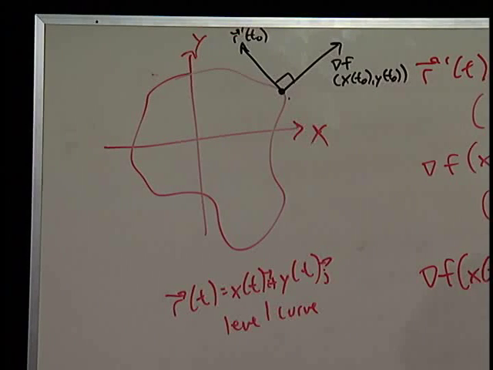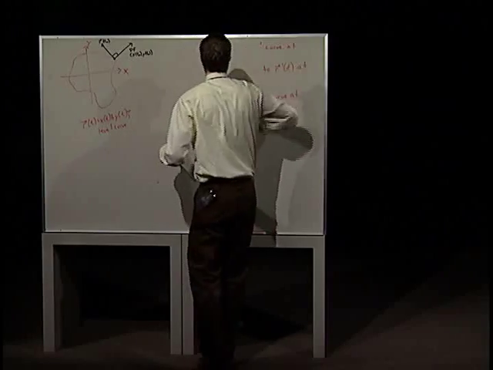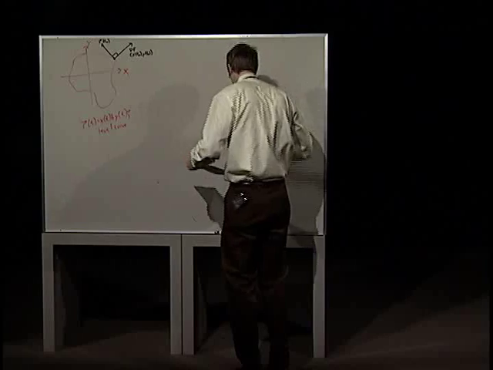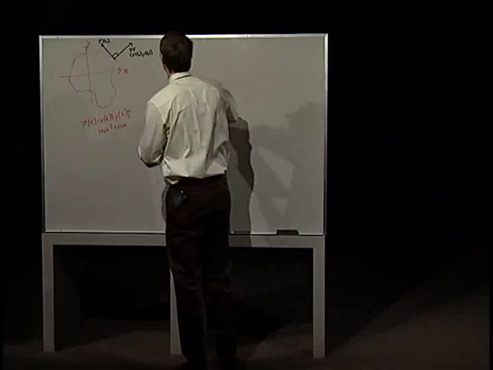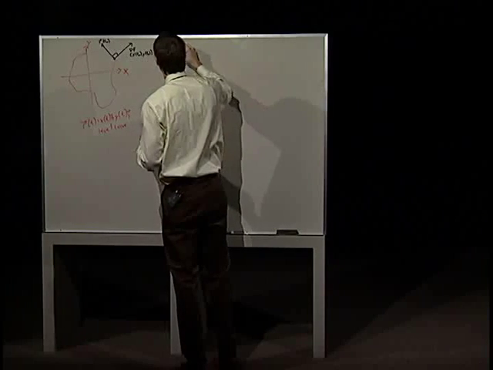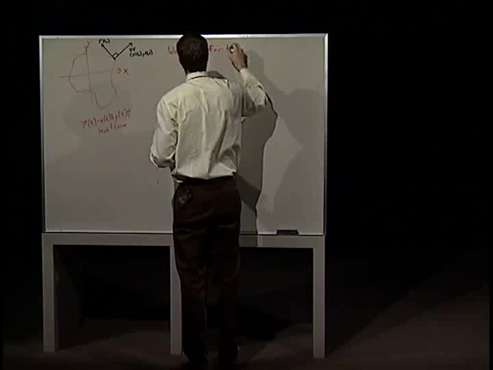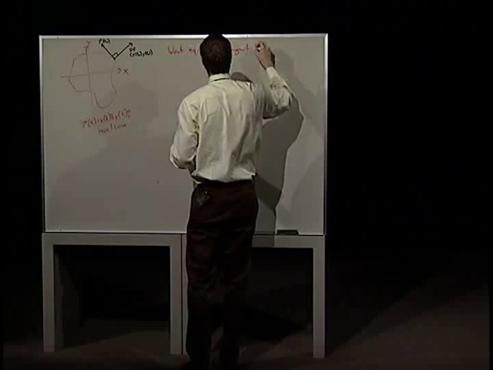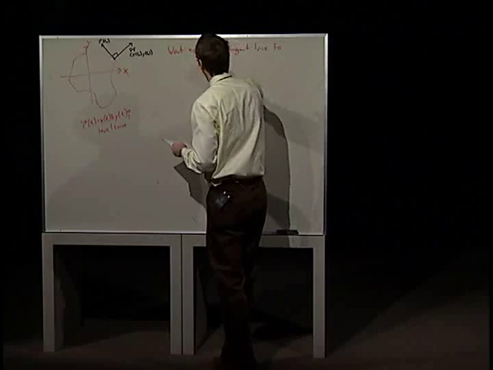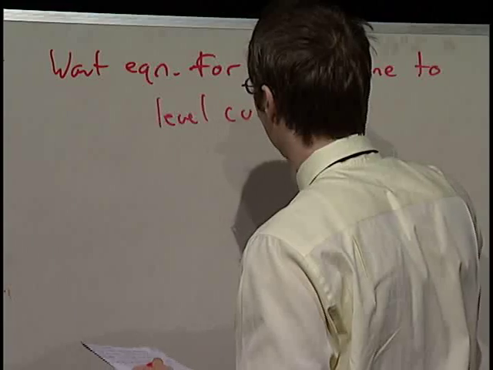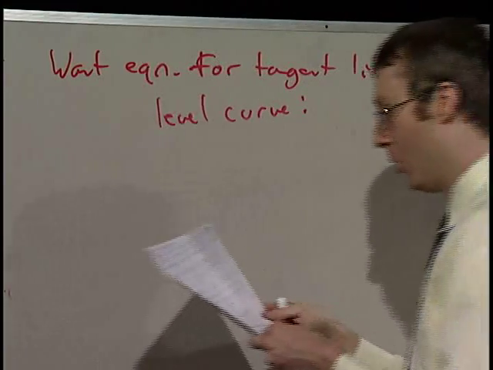Okay, now what we want is an equation for the tangent line to the level curve. So let's get rid of this. We want an equation for the tangent line to the level curve, right? So what do we need to do?